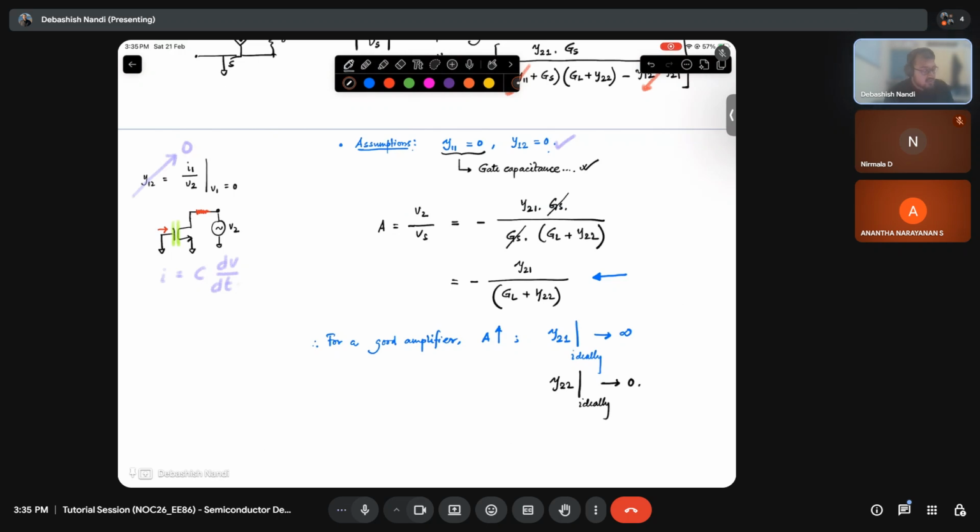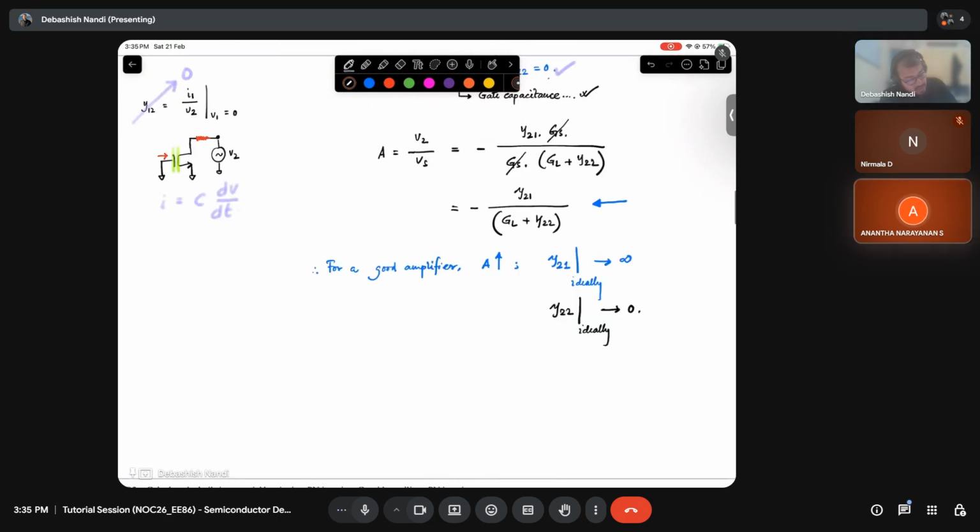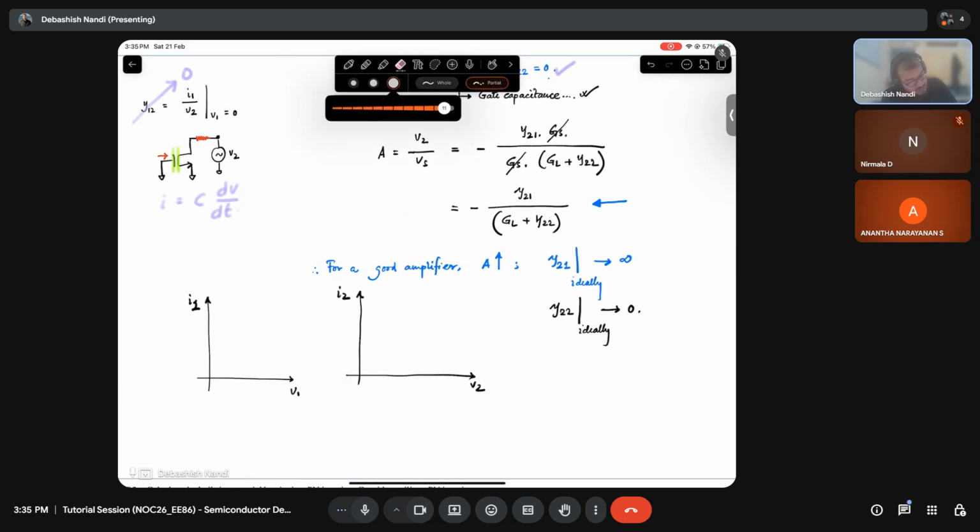Right? So if I now plot V1 versus I1, sorry, I2, and I plot V2 versus I2, this plot gives me some kind of this nature, right? Because the slope Y21 tends to infinity.